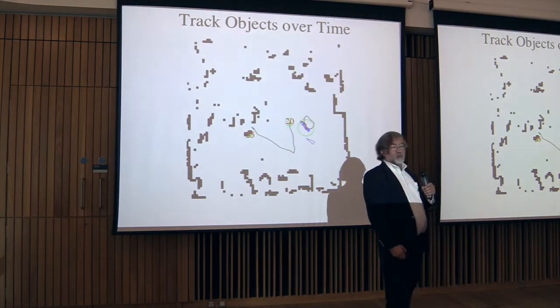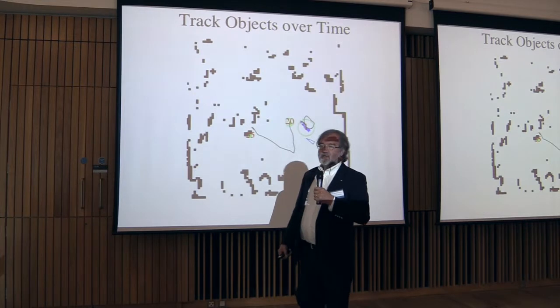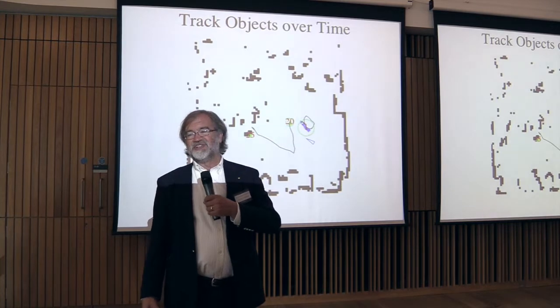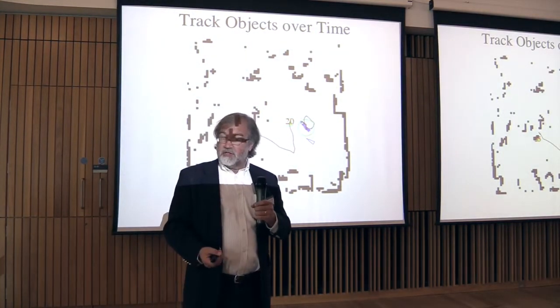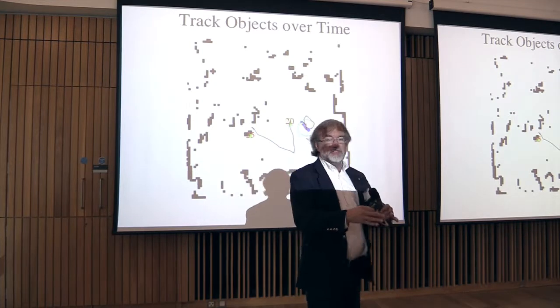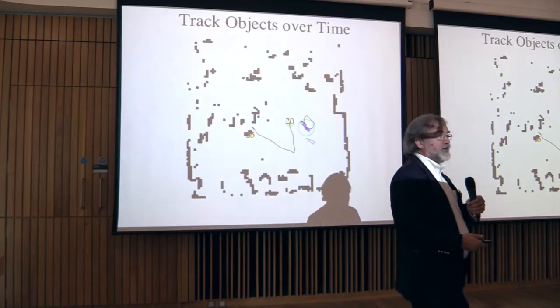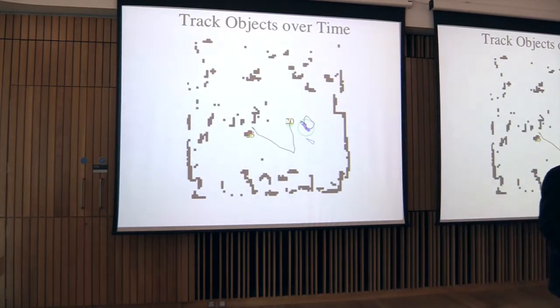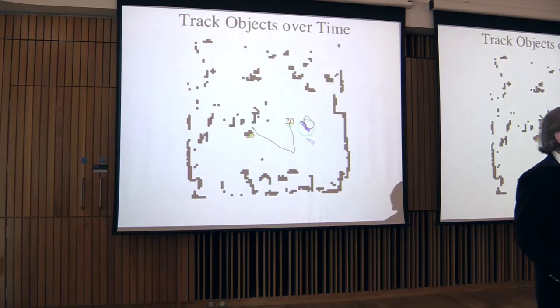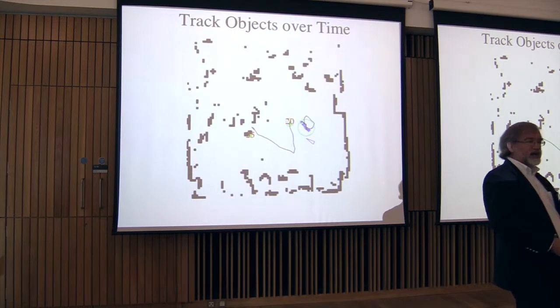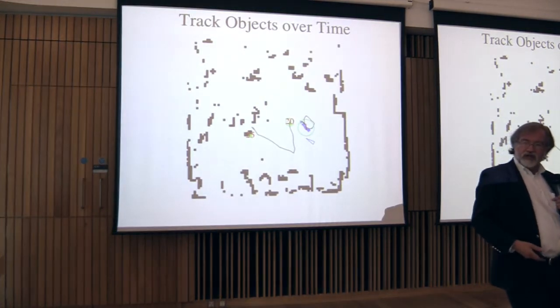Now, the static model changes over a longer time scale, so if I get a new filing cabinet, that's going to be part of my static model. Another thing though is that the chairs are pretty much static. So if I have a static world model that includes the chairs, and then perhaps I move this chair, since I've moved it into space that was previously unoccupied, it becomes an object. I cluster it, it becomes an object. I can characterize its structure.